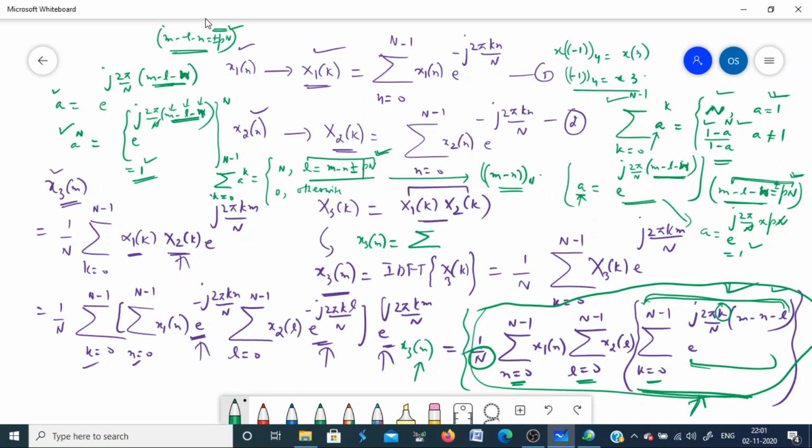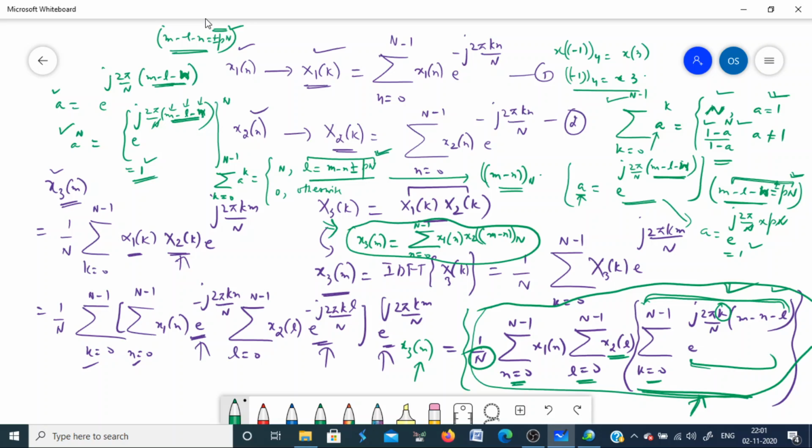As a result, what you will get is the summation of n equal to 0 to N minus 1 x1 of n, and this you will get x2 of l, and l will be equal to m minus n modulo N. Okay, so this equation is what is called circular convolution.